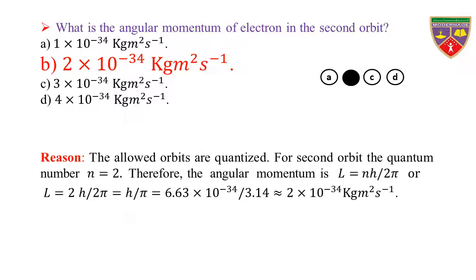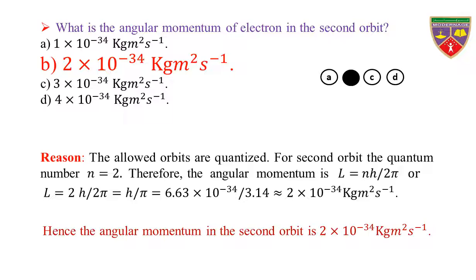Reason: the allowed orbits are quantized. For second orbit, the quantum number n is equal to 2. Therefore, the angular momentum is L is equal to nh divided by 2 pi, or L is equal to 2h divided by 2 pi, which is equal to h by pi, which is equal to 6.63 into 10 power minus 34, which is the value of h, divided by 3.14, which is nearly equal to 2 into 10 power minus 34 kilogram meter square per second.